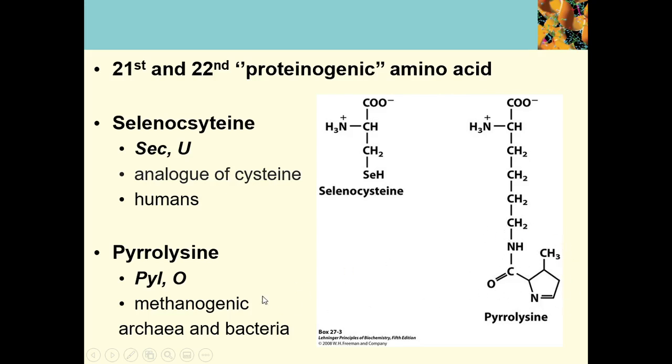This pyrrolysine amino acid cannot be found in humans. In the story, based on my readings, our stop codon is UAG, but in methanogenic archaea and bacteria, this UAG codes for this amino acid. Okay, so this is your 21st and 22nd proteinogenic amino acid, selenocysteine and pyrrolysine.